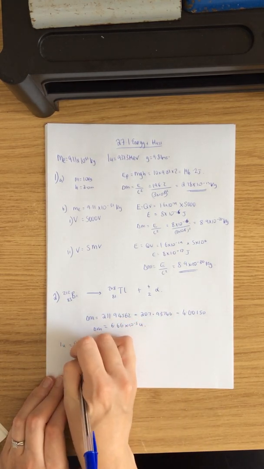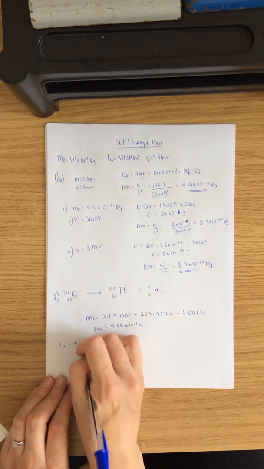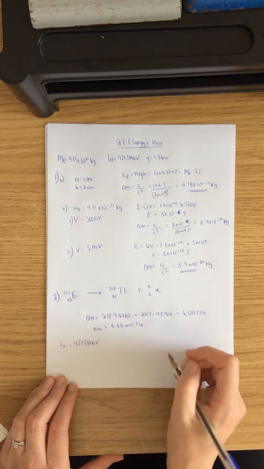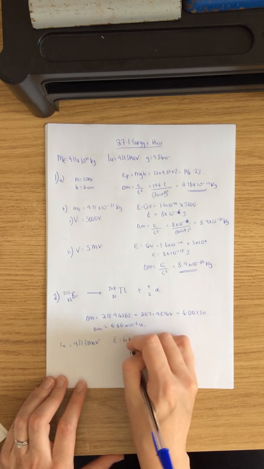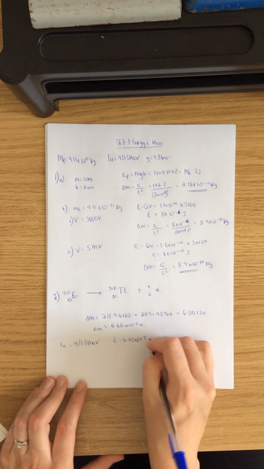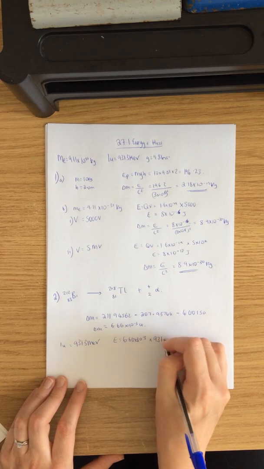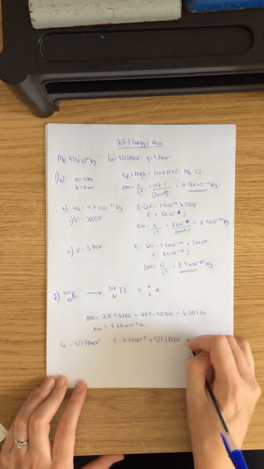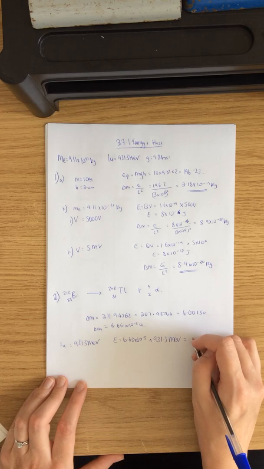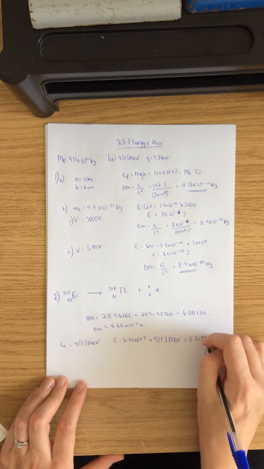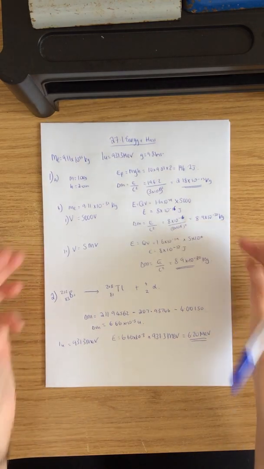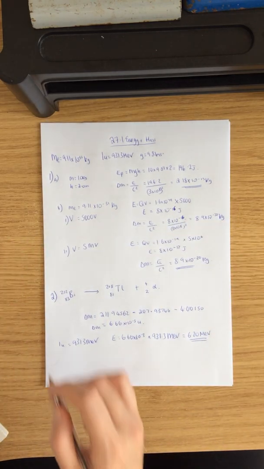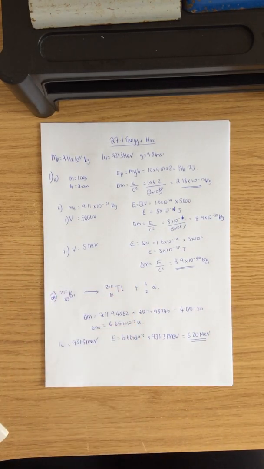1 U is 931.3 mega electron volts. So the energy is going to be 6.66 times 10 to the minus 3 times 931.3 mega electron volts, which gives you an answer of 6.20 mega electron volts. That's for part A. For part B, it's a written thing.